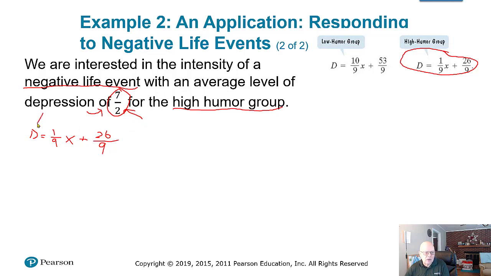And of course the depression level is right there, so put that in. So you've got 7/2, that's the depression level, equals. And we're going to find out for the high humor group, what is the intensity of a negative life event? So we've got 1/9 x, just copy what we've got on the right, plus 26/9.